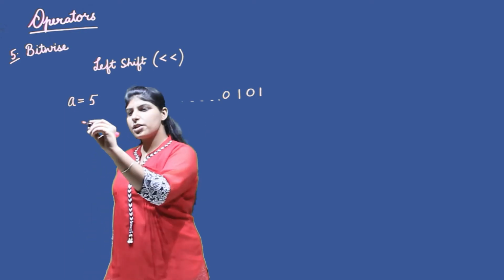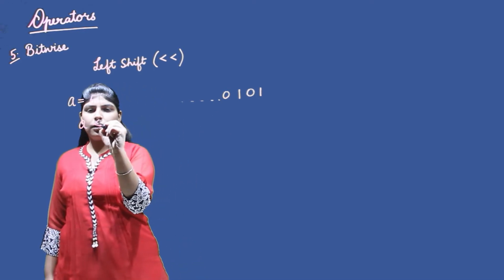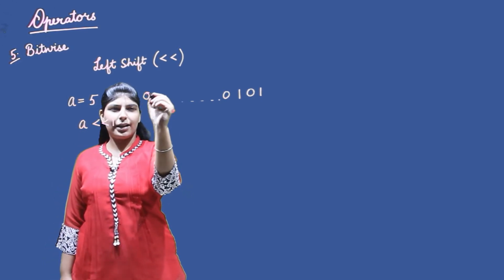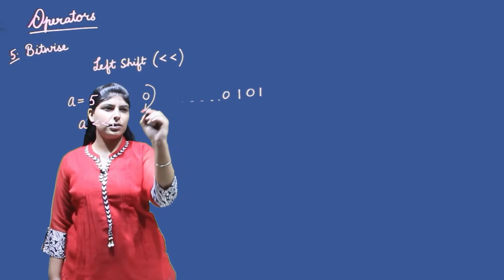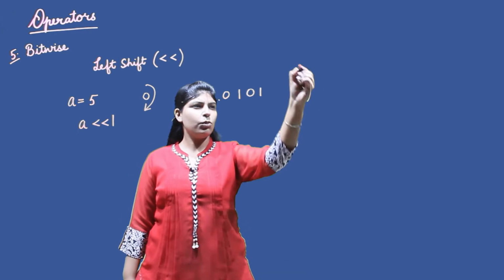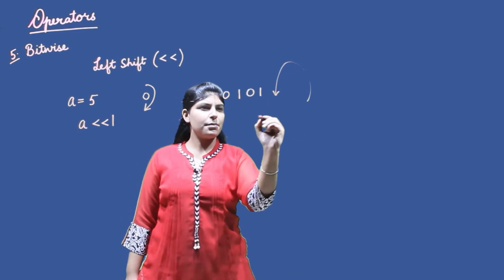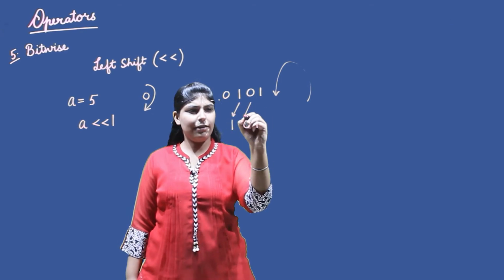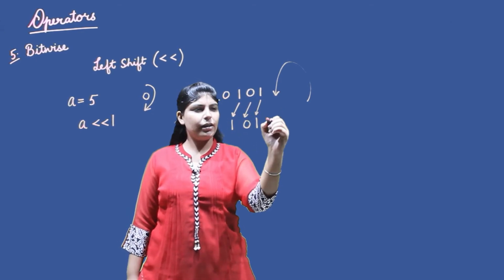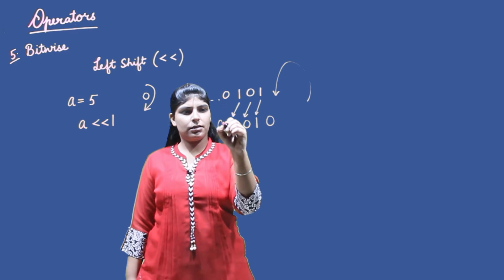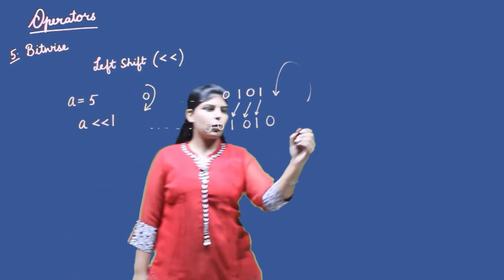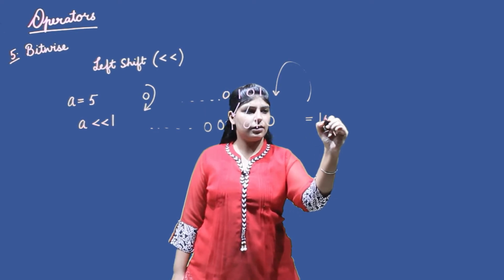So if I want to shift A left by 1, the leftmost bit, that is 0, is removed and we add a 0 to the right. So it becomes 1 0 1 0. All the bits come one position left and here a new 0 is inserted. So this becomes the new number. So this is equivalent to 10.